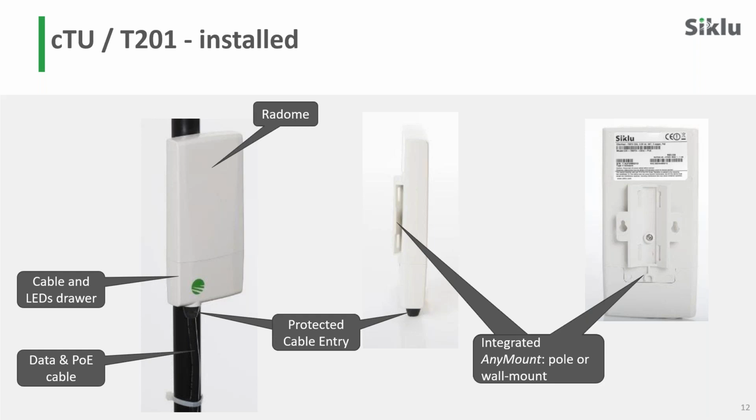You can see again any mount from the side here in the middle. If you want to do a pole installation, it's basically 2 straps which are provided also in the box. There are plastic tie wraps which are UV rated because we don't want to see the units dropping after the first summer.